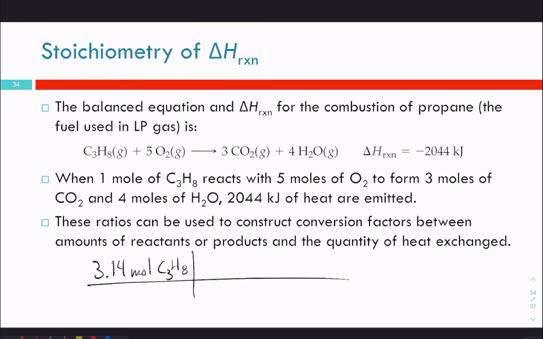I think you're on the right track. But our ratio here is going to be the 1, just like we do for the molar ratios. So 1 from the propane and negative 2,044 kilojoules from our delta H. So 1 mole C3H8, negative 2,044 kilojoules.